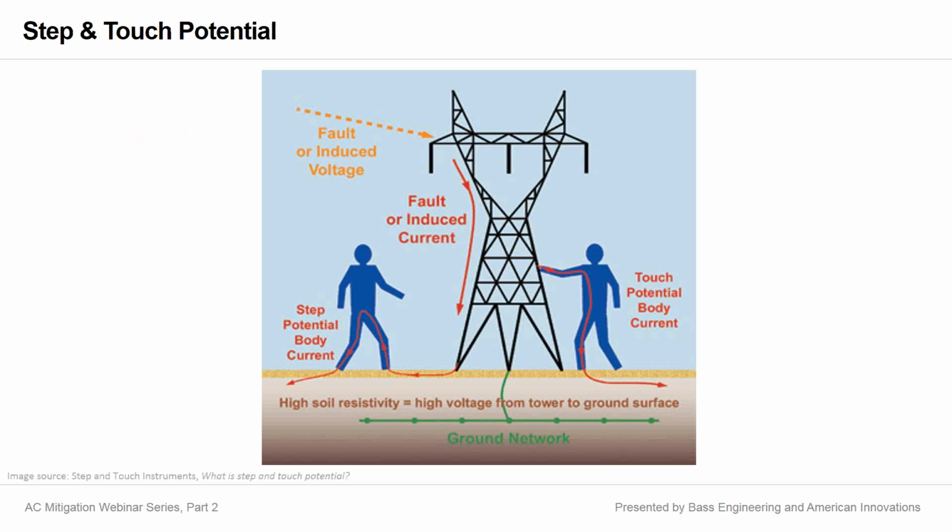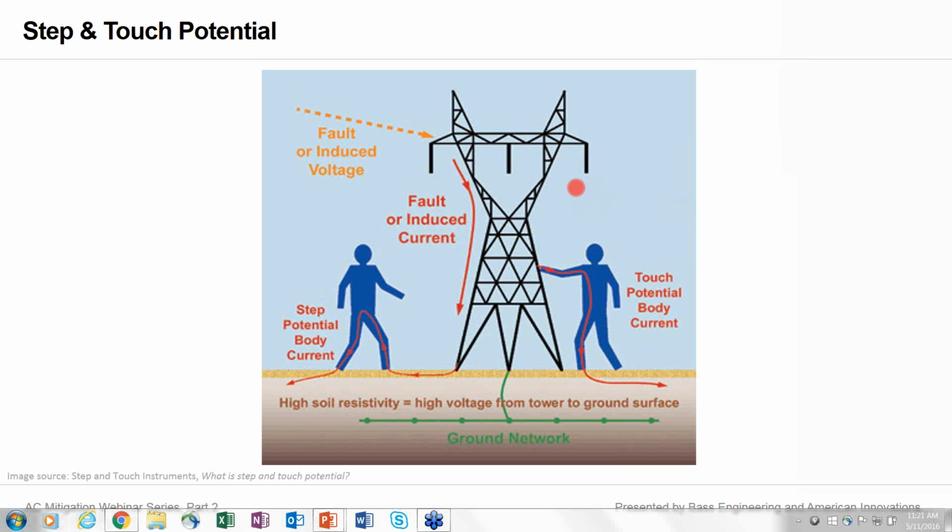So as you can see in the simple diagram that we have here, and I'm going to grab a pointer to help you with this just a bit. In this case, you can see that we've depicted a high voltage AC transmission tower, and we have a couple of gentlemen moving in close proximity to that tower. Now what we're indicating here with the yellow dashed line is I want you to imagine a lightning strike on that tower.